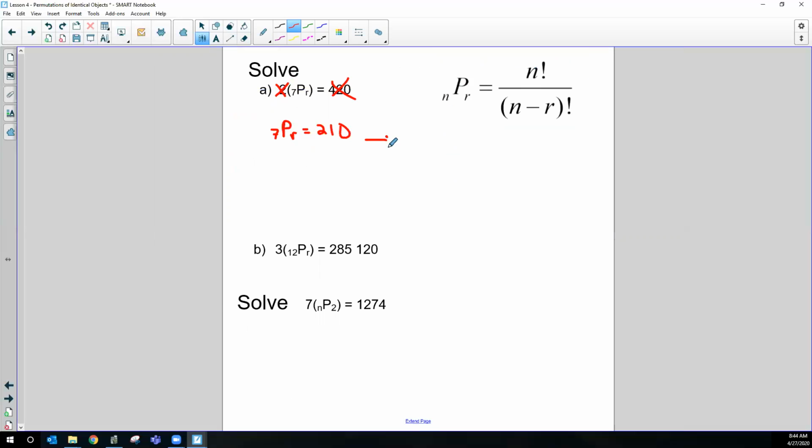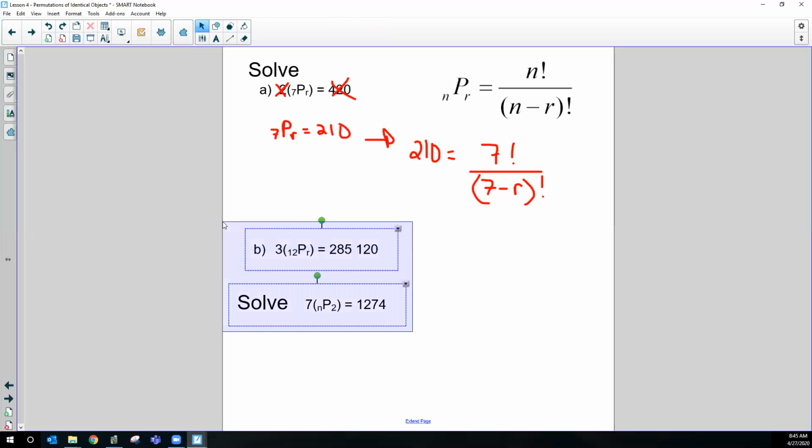So what we want to do is say, okay, 210 is equal to, and then start replacing this stuff. 7 factorial is the N, and then 7 minus R factorial. Okay? So once we do that, I'm just going to get rid of these just so I have lots of space.